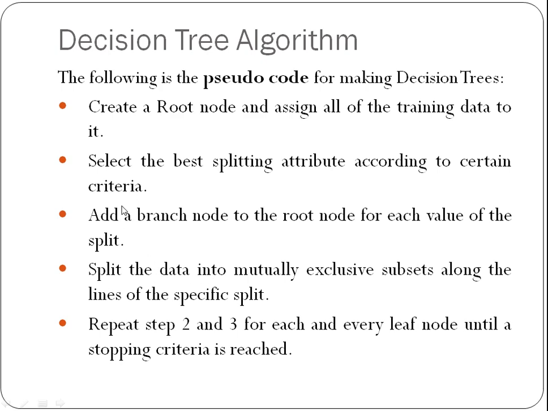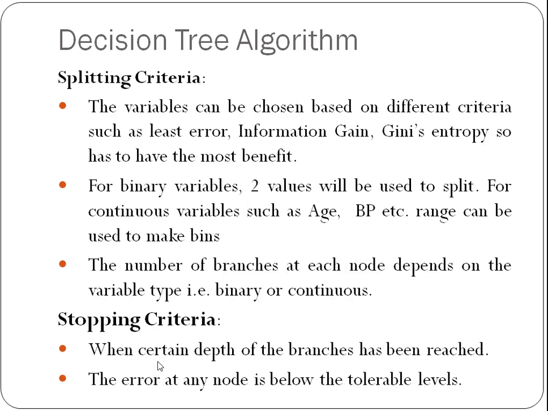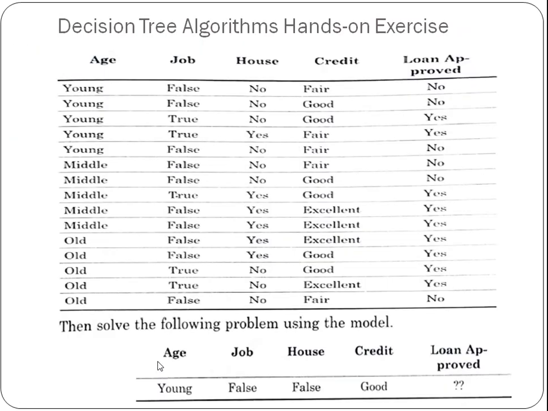And we are going to repeat these two steps until we reach a stopping criteria. So this is the algorithm that we are going to use. Now we'll get back to the data, and we'll start with the analysis.